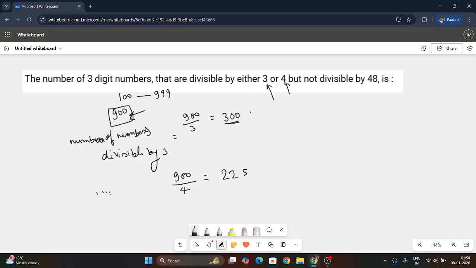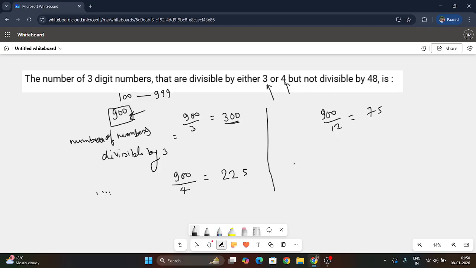Okay, so now let's find the numbers divisible by 12, that is, by 4 and 3. There are some numbers divisible by 12 also. So 900 by 12, and how many numbers will you get? This is the number of numbers divisible by 12, that is 75.